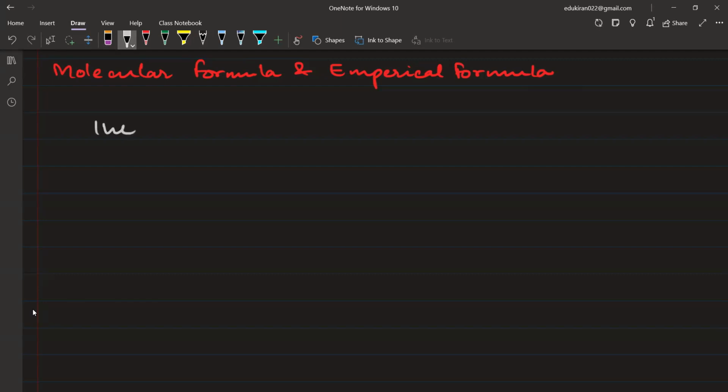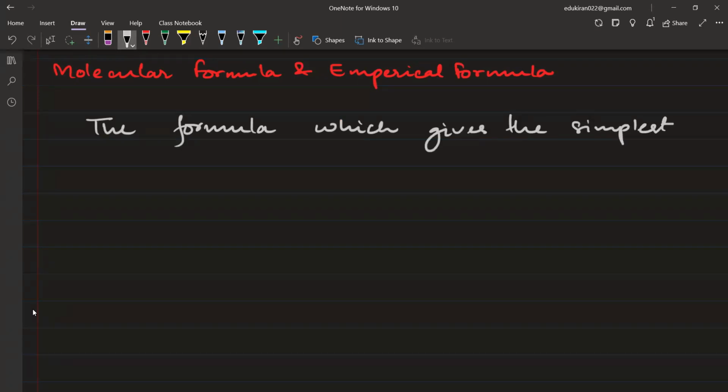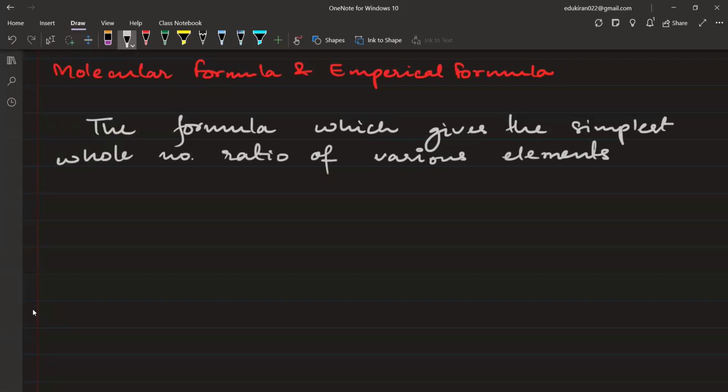Please write with me. The formula which gives the simplest whole number ratio of various elements in a molecule is called empirical formula.